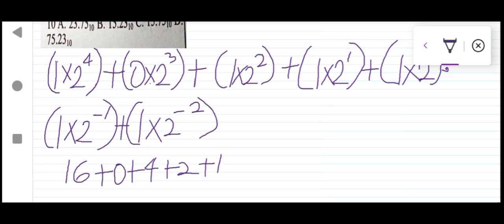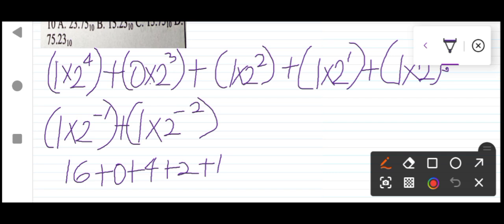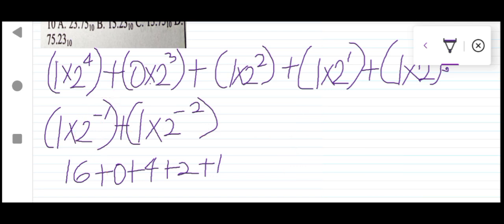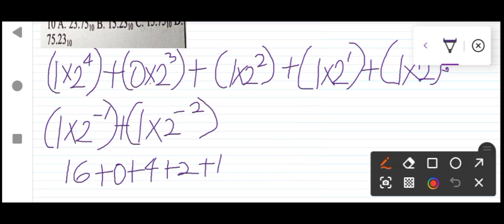And here is where a lot of students get it wrong. 2 power minus 1 simply means 1 divided by 2 power 1. So this minus power is the same as 1 over, which is what we are having right here. So in this case, the value for 2 power minus 1 is 1 over 2 power 1.